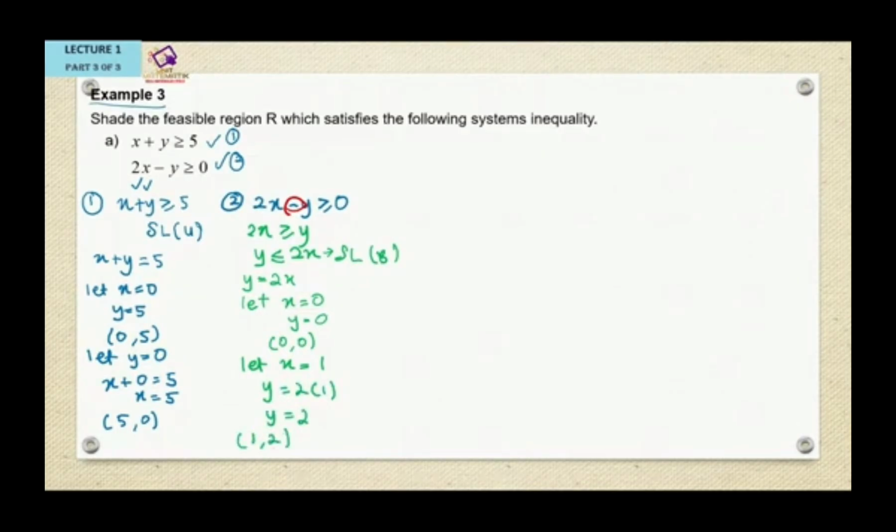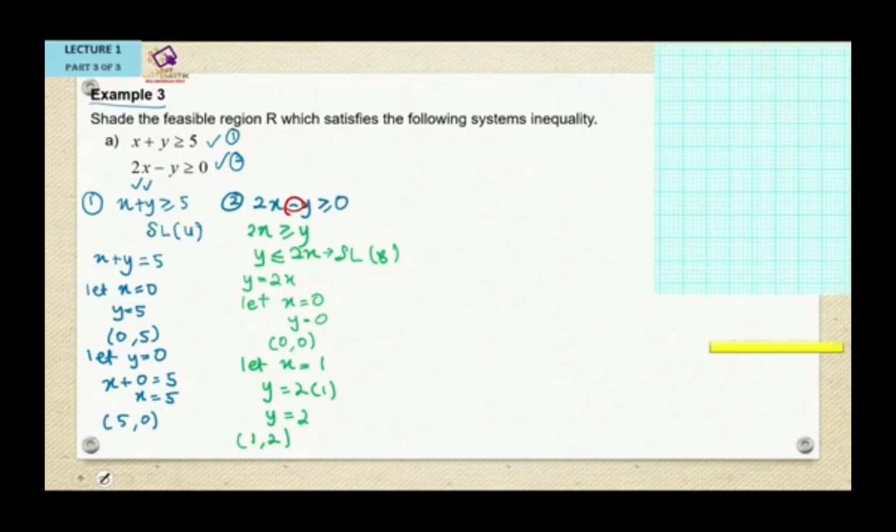Next step, we need to draw the linear graph. Please prepare your graph paper, and please ensure that we choose a correct or reasonable scale.